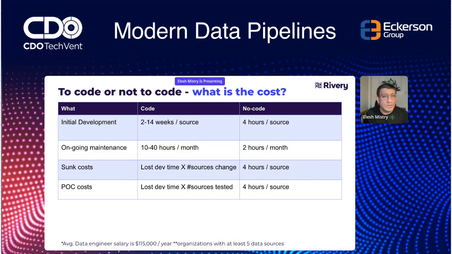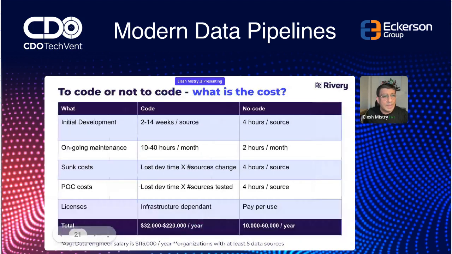Okay, so let's go to our next one there as well. In terms of this, what we've got here is our estimated costing of coding, $32 to $220,000 a year.